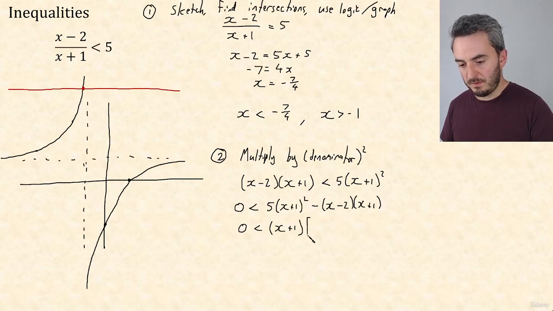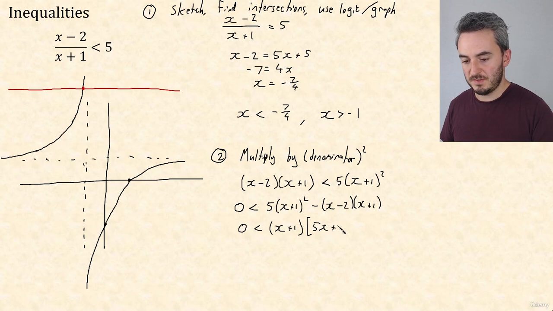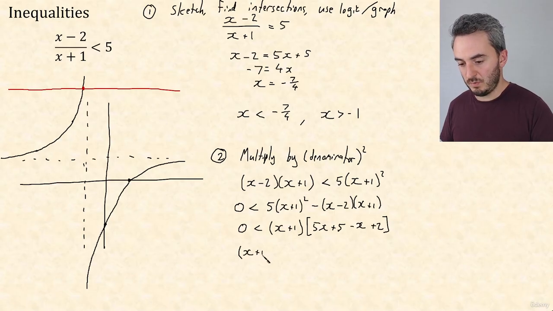It leaves me with 5 times x plus 1, so that's 5x plus 5, minus x minus 2, so that's minus x plus 2. In total then, if I just write this the other way around, I've got x plus 1 times 4x plus 7 should be greater than 0.